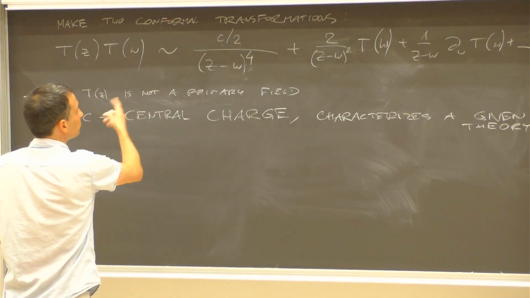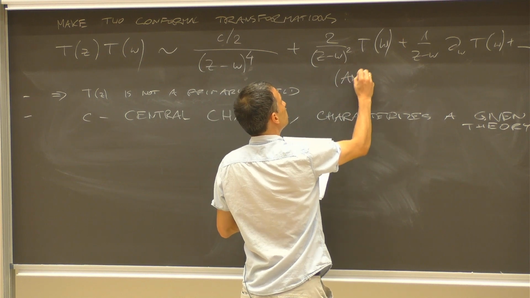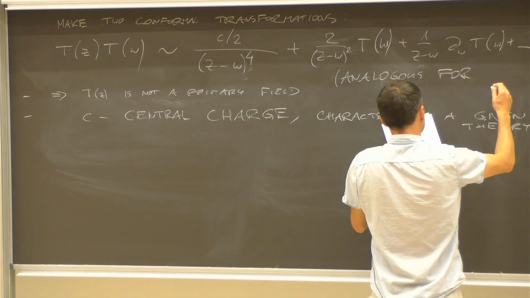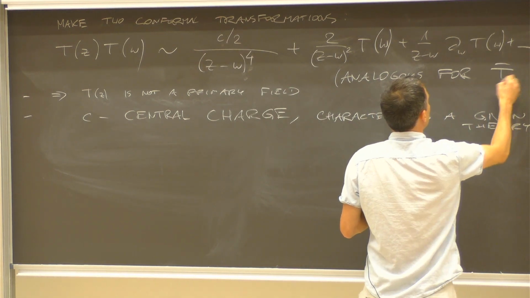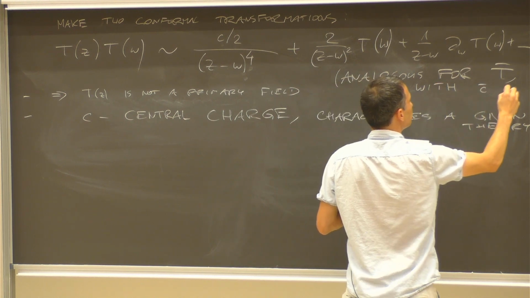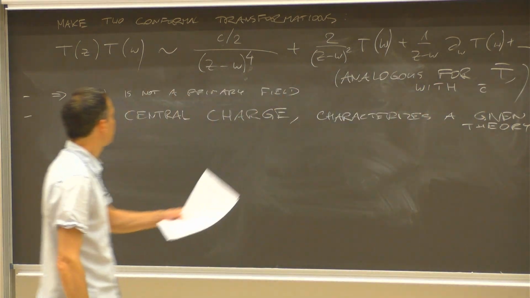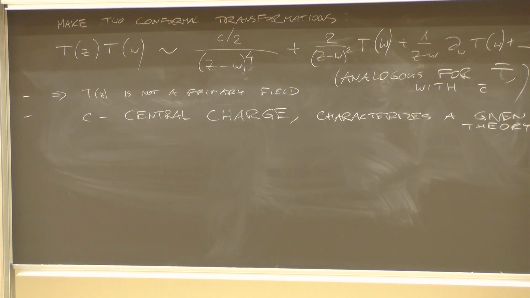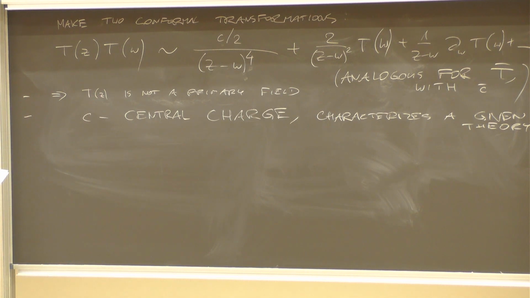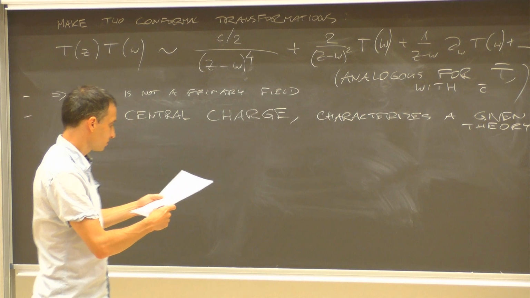And there are, of course, analogous expressions for T bar, and then one gets also a c bar value. In most of what follows, I will just write one set of these expressions because the other ones are completely analogous. So this OPE is quite important. This quantity is quite important.